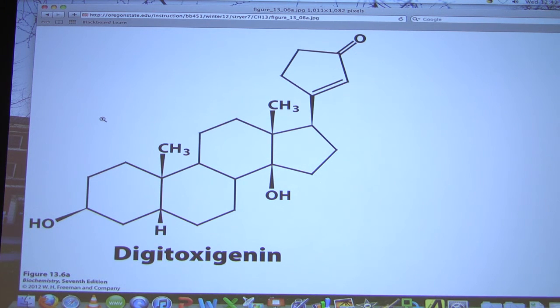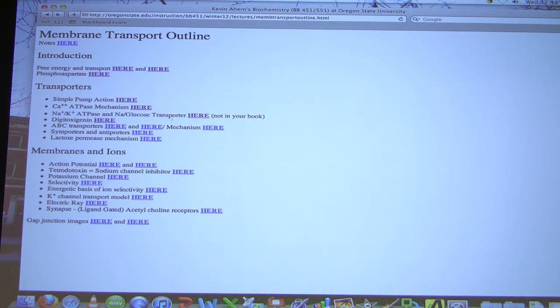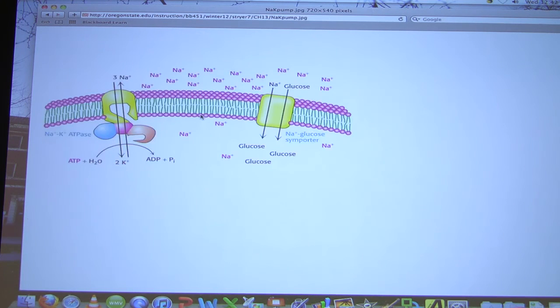The heart is no different than anything else. The heart, like other cells in the body, has a sodium-potassium ATPase. So they have a system that's very much like this guy right here. In addition, they have another transporter that's of considerable interest.